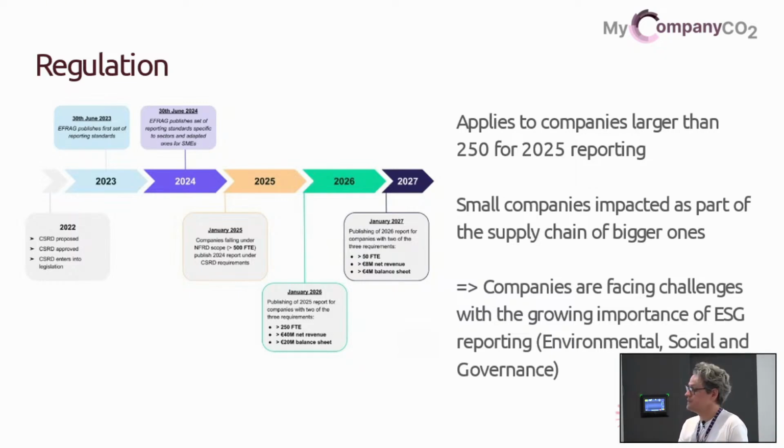The small companies are also impacted because when the big corporations are looking at their value chain, or their supply chain, they most of the time require these small clients to provide such calculation in terms of emission, these emissions that have to be reported.